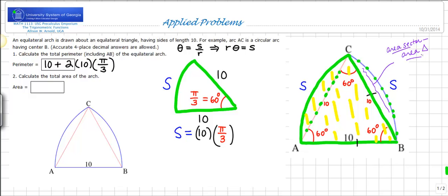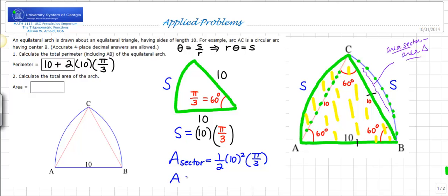So the area, remember, of a circular sector is 1/2 the radius squared times the angle in radians. Okay.